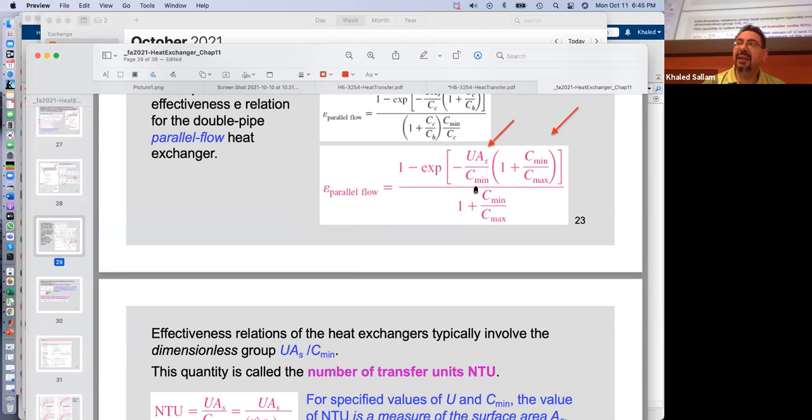especially UA over C min, that's the real difference. If UA over C min becomes big, then you have a lot of area, or you have a very good U, where they made this thing move with very fast velocity so the U is so high. Or C min is small. What does it mean? The m dot Cp is very small. So that fluid you are trying to heat has such a small m dot Cp that you give it 10 joules, and its temperature shoots off the roof, because its m dot Cp is nothing.